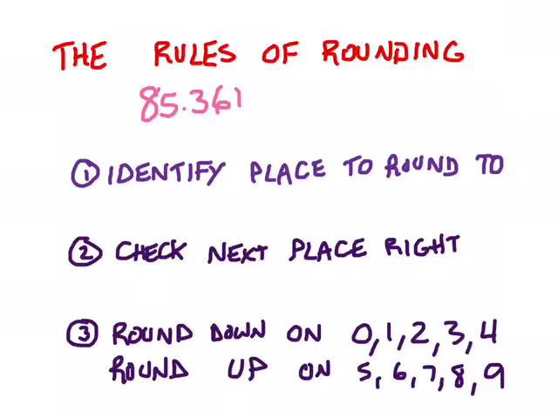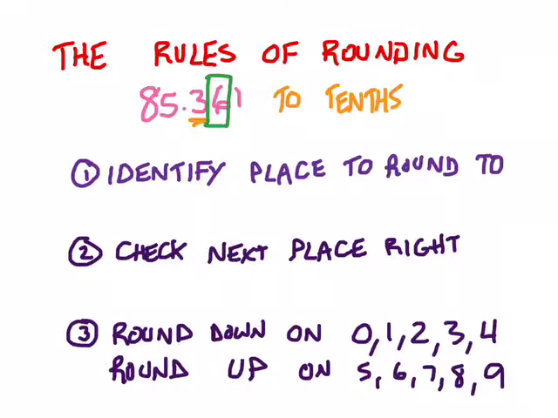Let's say I wanted to round that same number to the nearest tenths. Again, the first step is going to be to identify that place. That's the 3, that's the tenths place, and I'm looking at the place to the right of the tenths, which in this case is the hundredths. And that 6, because it's 5, 6, 7, 8, or 9, is going to tell me to round up.